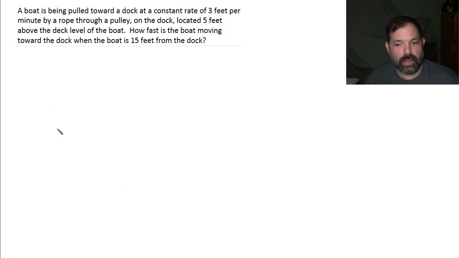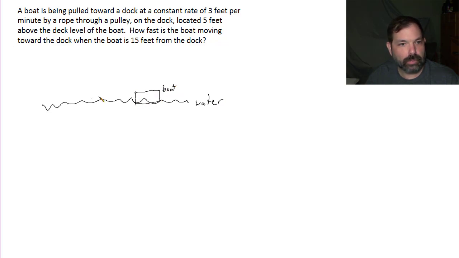I'm going to draw a diagram for this problem to make sure that it's understood what my intention is. All right, so here's the water level. And here's the boat. It's not a very useful boat. And here's the dock.